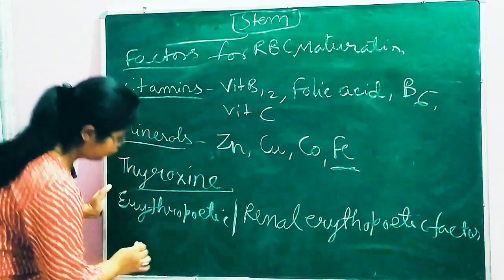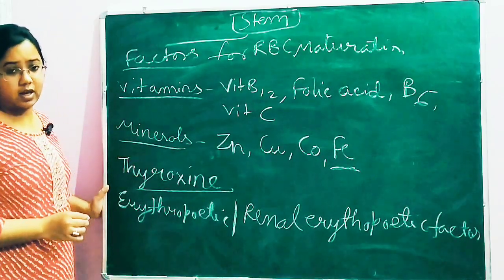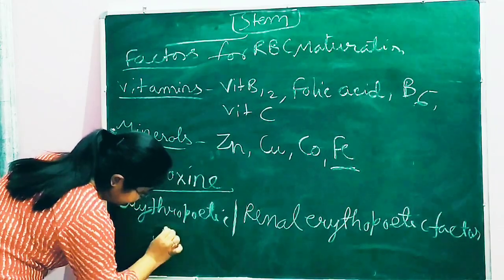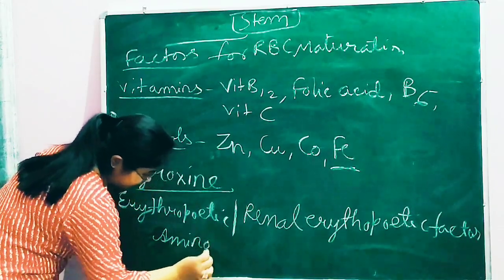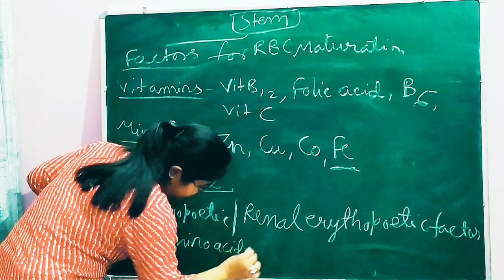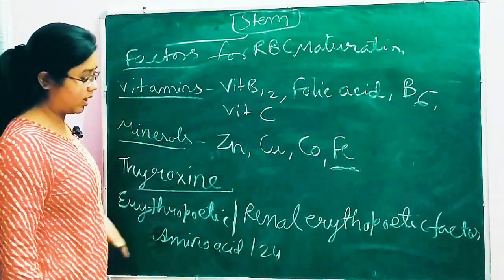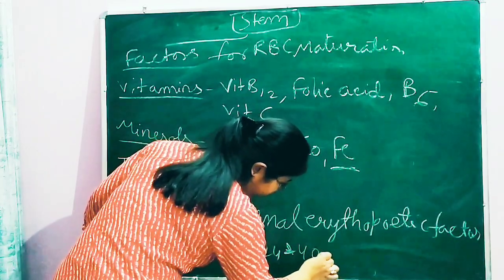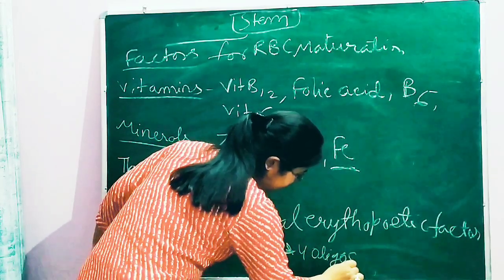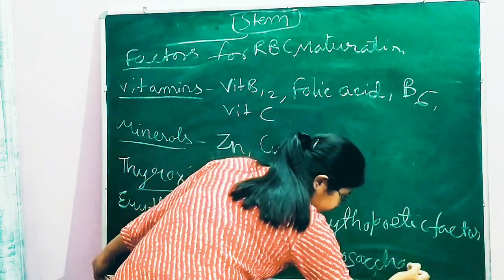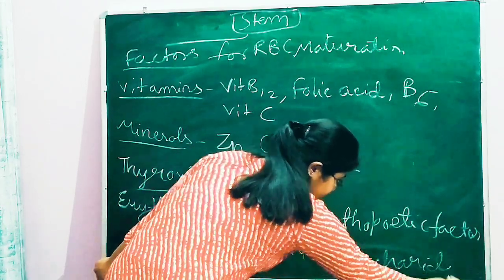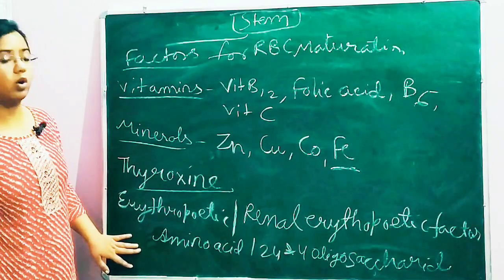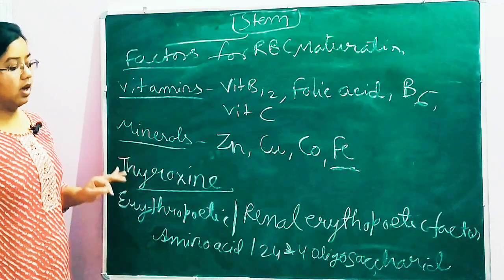This is a glycoprotein, with a protein chain of about 124 amino acids and 4 oligosaccharide chains present.